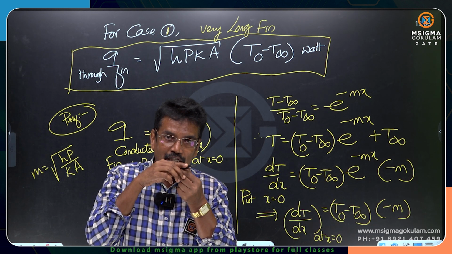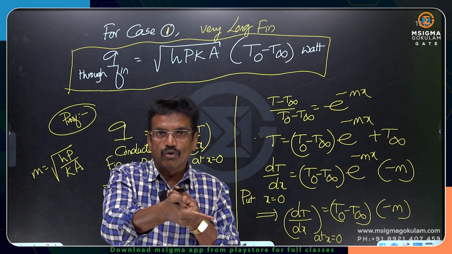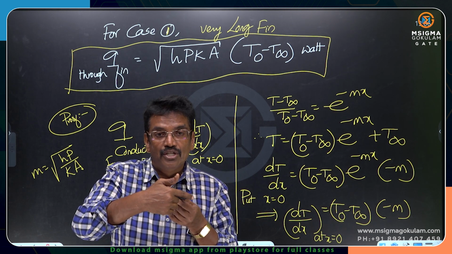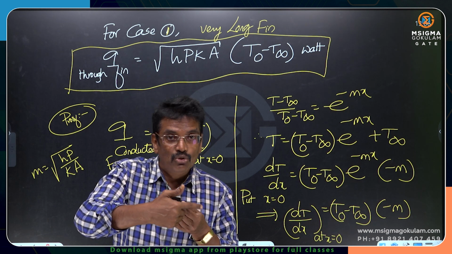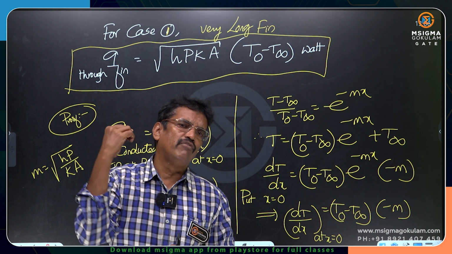Then what is the heat conducted into the tip? 0. Because convection is 0 from the tip, conduction into the tip also becomes 0. Why is convection 0 from the tip? Because it is insulated. That case we write in almost every fin problem.